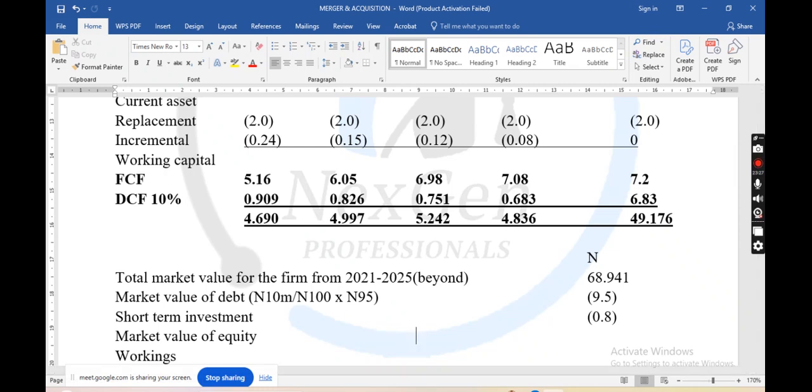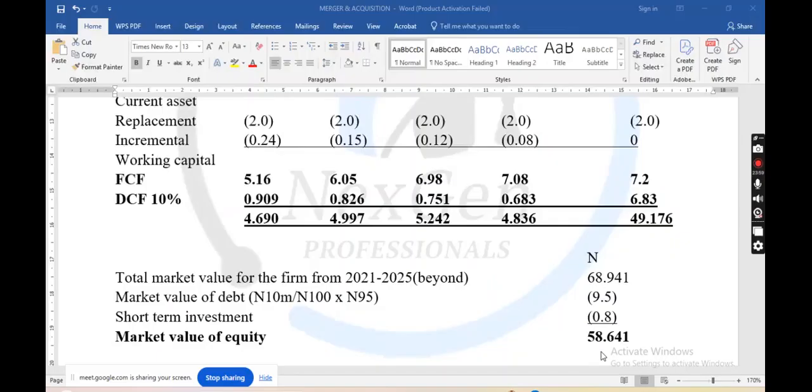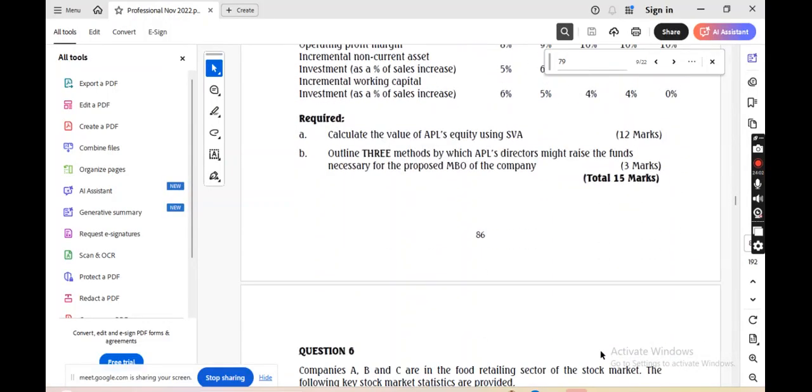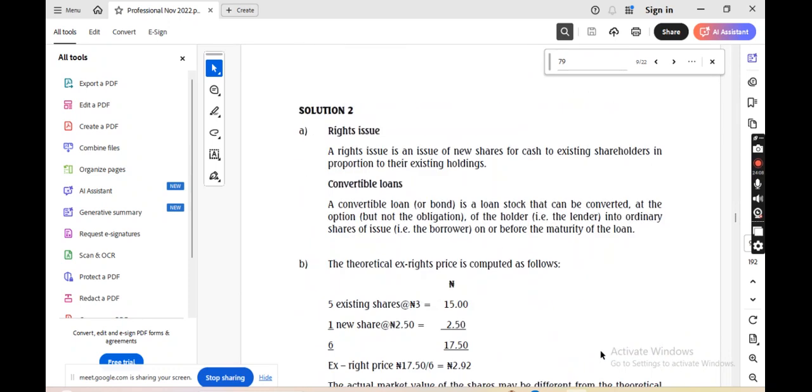So what is the market value of equity? 58.641. Okay, so this is the market value of equity that we have, and this is 12 marks. So what is the examiner comment? Let's check.